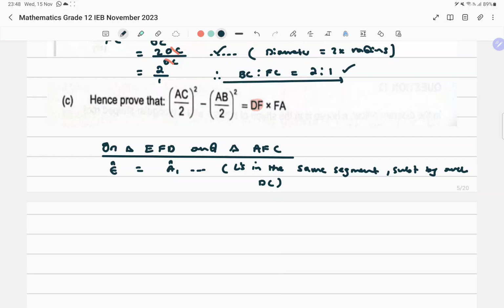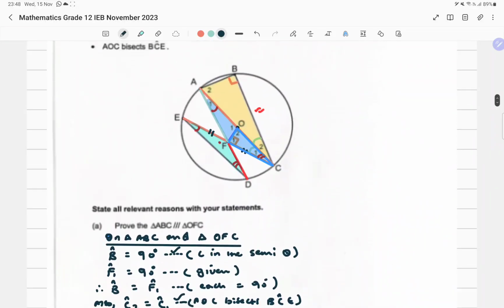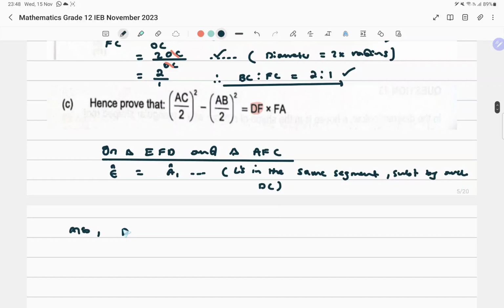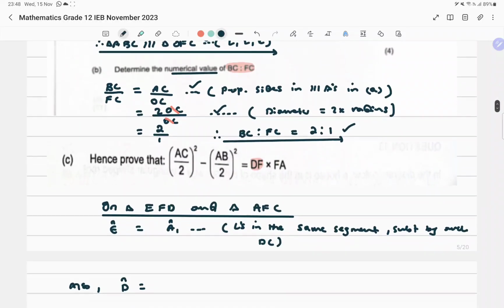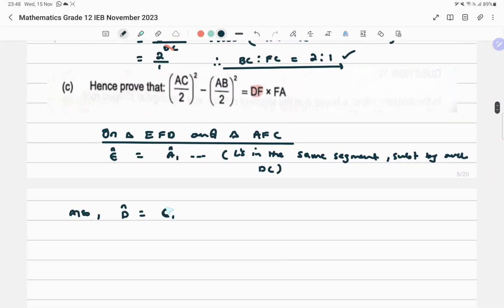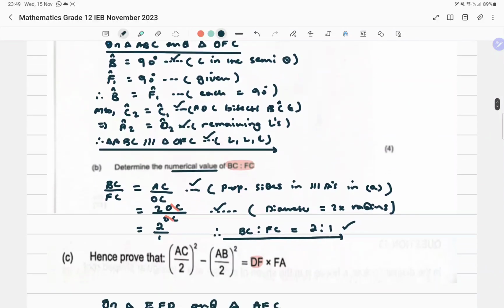Also, we know for a fact that angle D, because D is standalone there, is equal to angle C1 on the other one. Again, these are angles in the same segment subtended by arc AE.